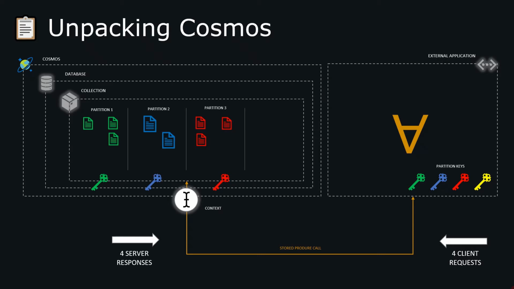But regardless of how many partition keys or queries we have, we do know that the context is working hard in the background to ensure that all the relevant, ergo partitioned, data is mutated as per our stored procedure call. So you could say that working with Cosmos, a lot of things change once we know the context.